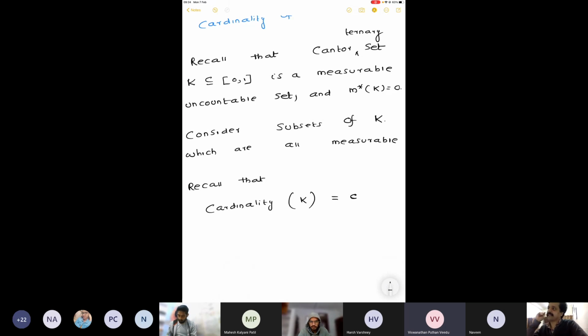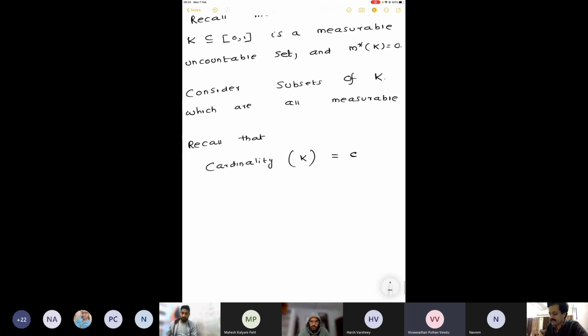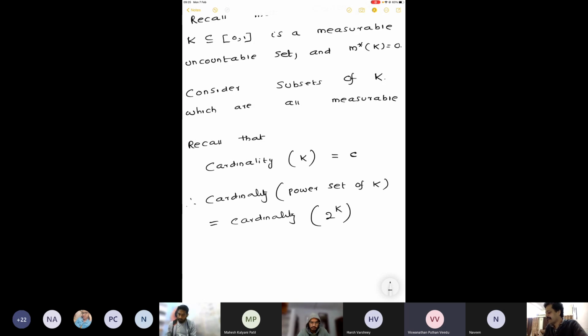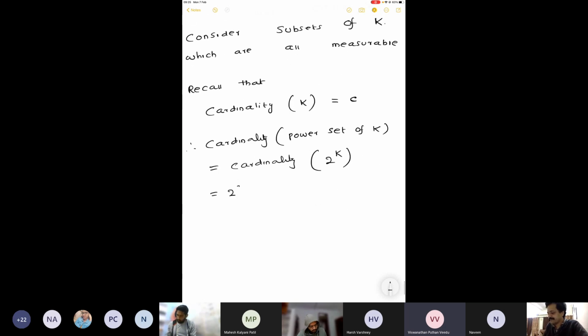Cardinality of K is C. So what is the cardinality of the power set of K? 2 power C. Intentionally I am writing it like this. By notation, the power set is denoted by 2 power K, that is 2 power C.